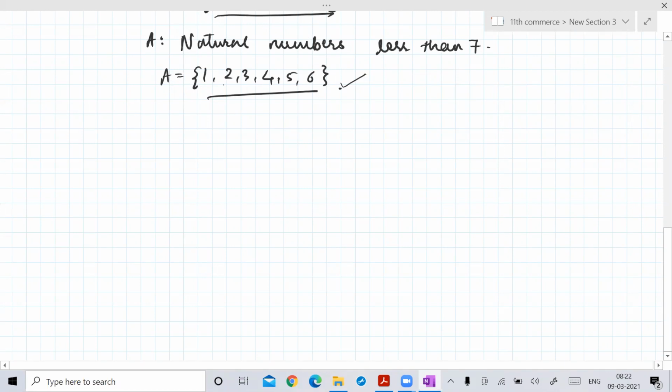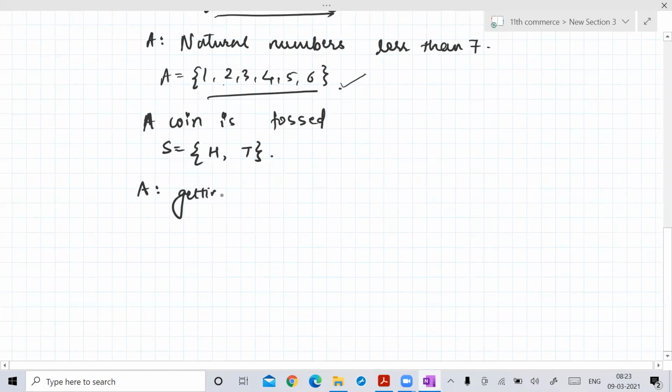Next, suppose a coin is tossed. What is the sample space? Head, tail. Now event A is getting either head or tail.